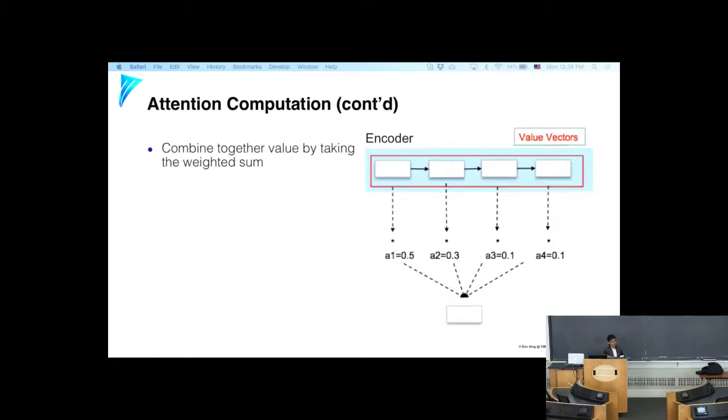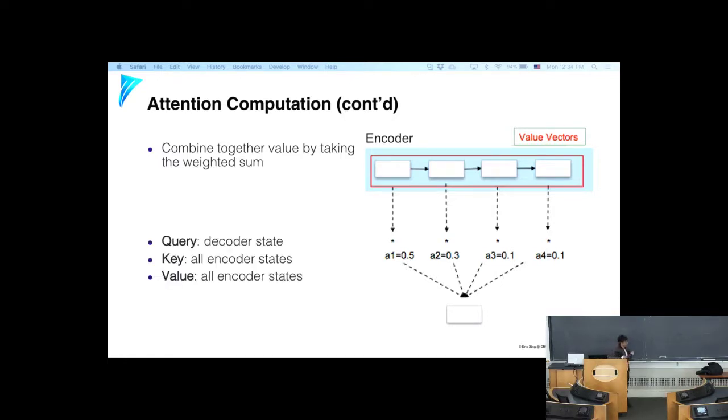In the second step, we see the encoder states as the value vectors, and we compute the weighted sum of these value vectors using this attention distribution, and we get this output state, which is used in the decoder to generate the next token. So basically, attention computation involves 2 major steps.